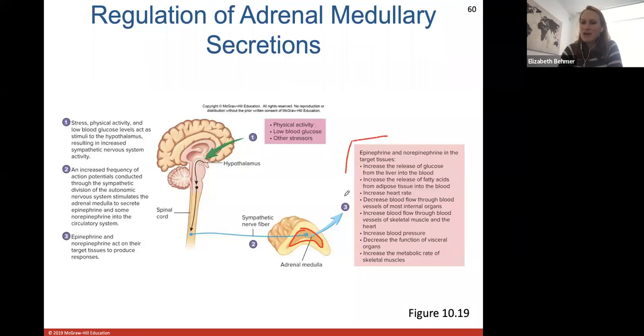And then epinephrine and norepinephrine will have these effects on different target tissues: increasing the release of glucose from the liver to be available in your blood if it needs to use it to create energy, decreasing blood flow, increasing blood pressure, increasing metabolic rate, decreasing the function of all of your visceral organs. So these are all the effects of your adrenaline hormones, epinephrine and norepinephrine.